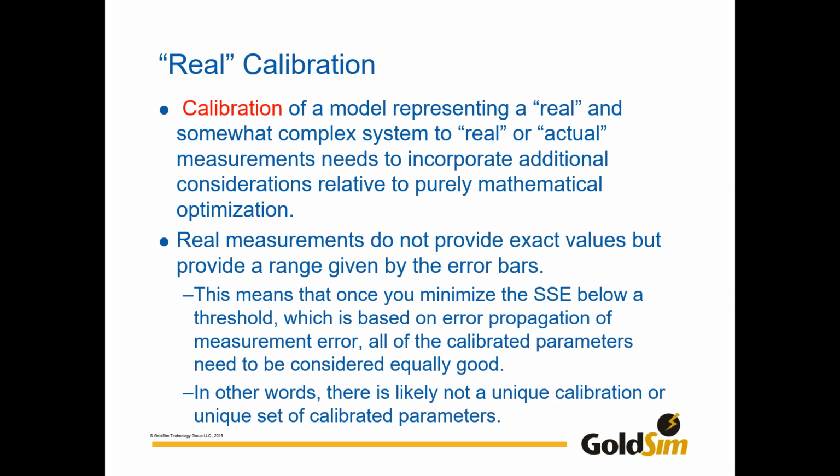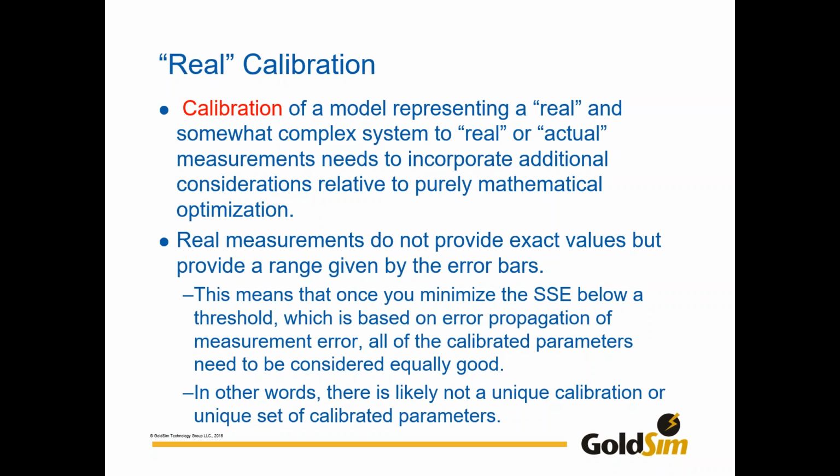So we don't have a unique calibration in most cases, or a unique set of calibrated parameters. Rather, there's significant uncertainty there, and you have a range of these that provide an acceptable fit. And you don't necessarily have, when you start, a good way to know which one of those is the best. Okay.